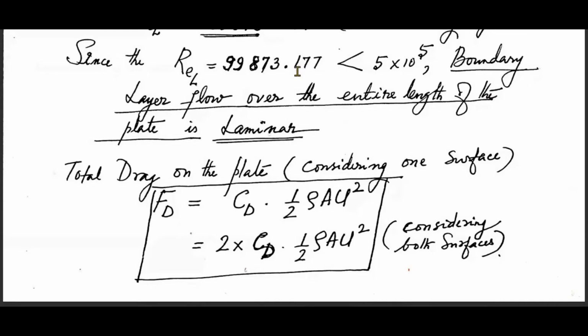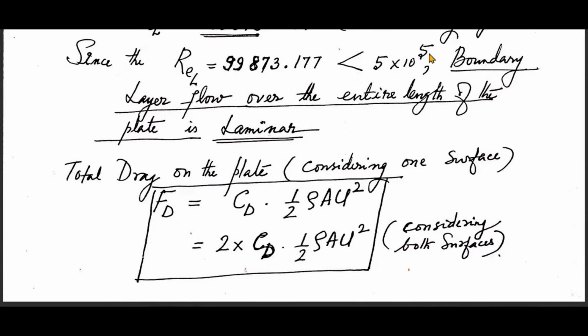Since it is less than 5 lakhs, in the general case, what we have studied is that strictly laminar means nearly up to 3 lakhs, and above 5 lakhs it is turbulent. Between 3 and sometimes 5.5 lakhs, the boundary layer flow will be in the transition zone. But since there are not many correlations available in the transition zone, we will broadly take 5 into 10 raised to 5 as the Reynolds number to confirm whether it is laminar or turbulent.